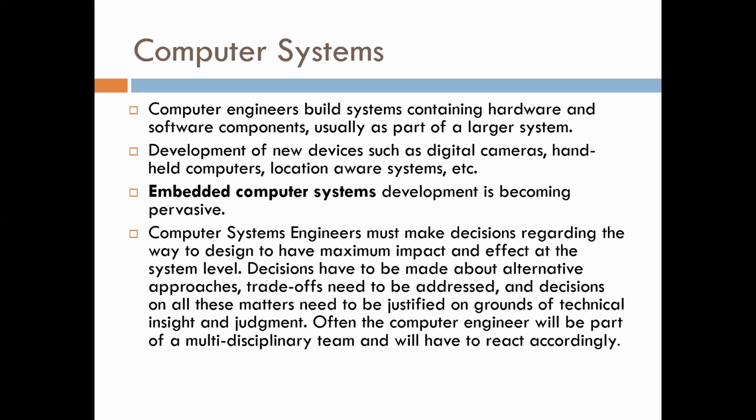Computer systems engineers must make decisions regarding the way to design to have maximum impact and effect at a system level. Decisions have to be made about alternative approaches, trade-offs need to be addressed, and decisions on all these matters need to be justified on grounds of technical insight and judgment. Often a computer engineer will be part of a multidisciplinary team that will have to react accordingly.